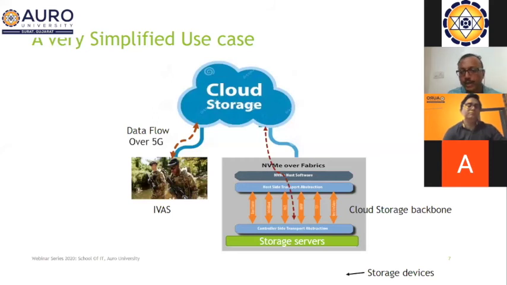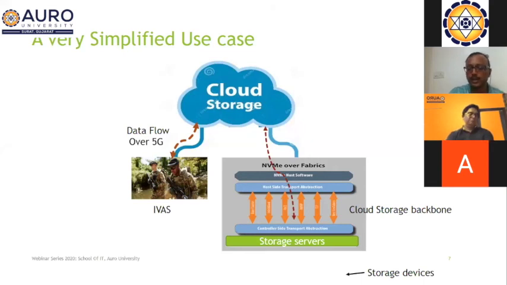In a given area, you can assume how many such devices will be there. Each device is fetching or submitting 2.5 gigabyte of data to the cloud storage. Now imagine how many 5G enabled devices will be there in a given area, and how much data will be transferred at any given point.